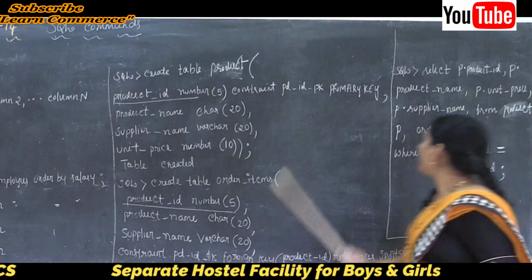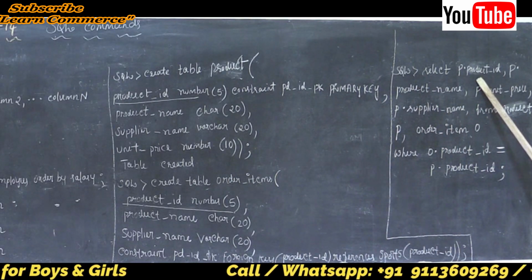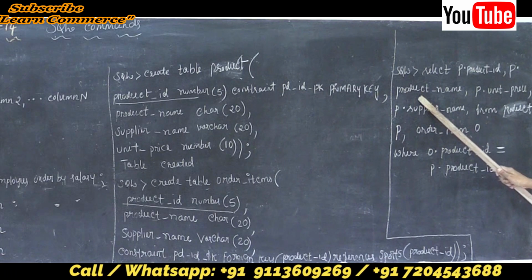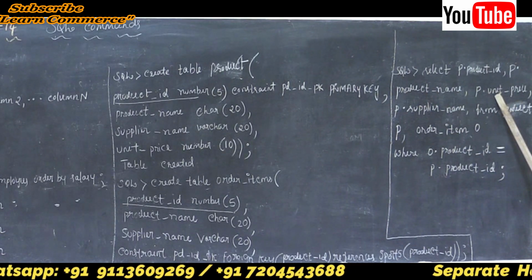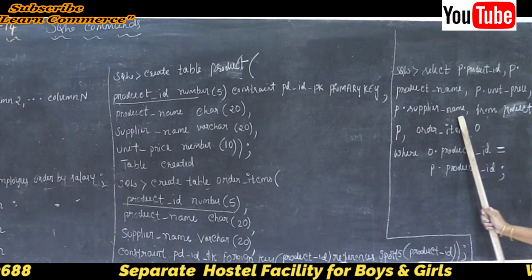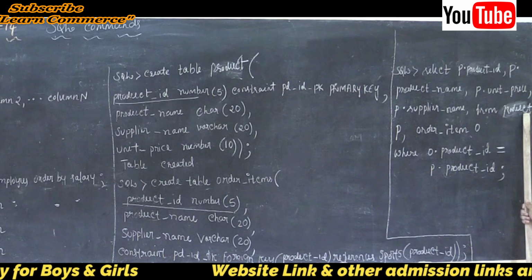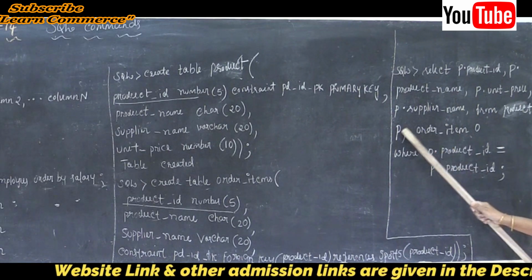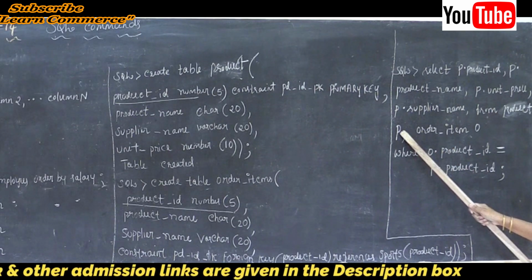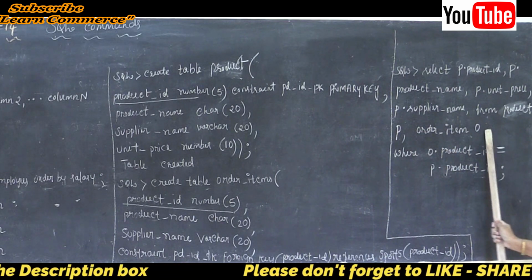So we can say select p dot product underscore id, comma, p dot product underscore name, comma, p dot unit underscore price, comma, p dot supplier underscore name, from. I selected all those columns from table product, that is P. Just for namesake I used P. Order underscore item O. Clear this point here?